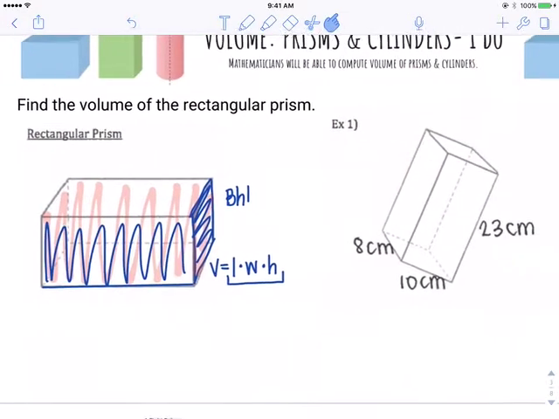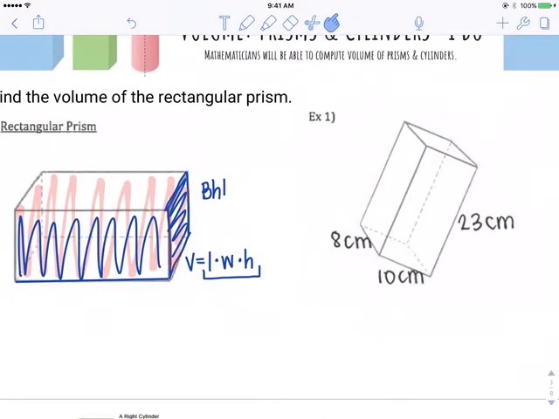So if we look at one that has some numbers on it, we're going to identify the length, the width, and the height. So we can see here that our length is 8 centimeters, our width is 10 centimeters, and our height is 23 centimeters. So when I put that into my formula, volume equals length times width times height.